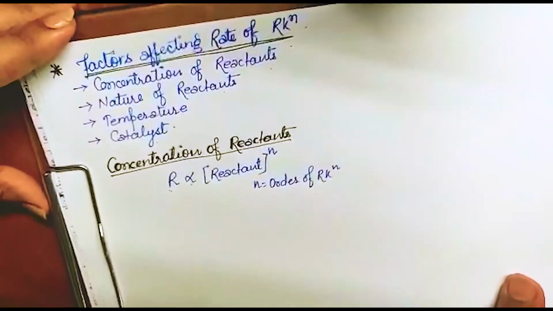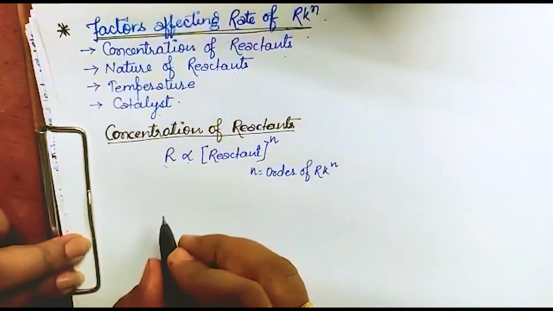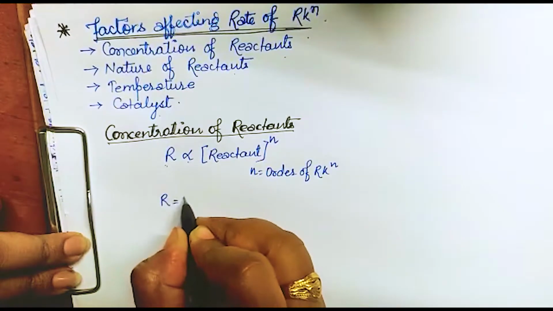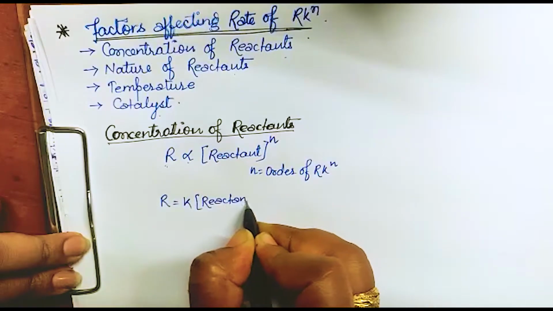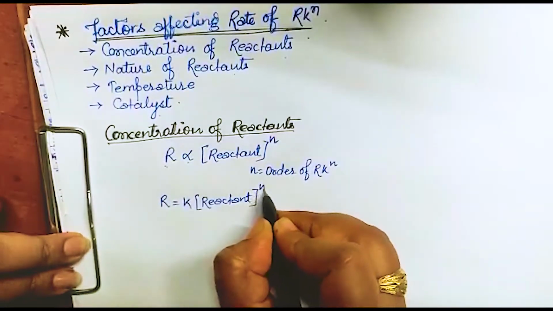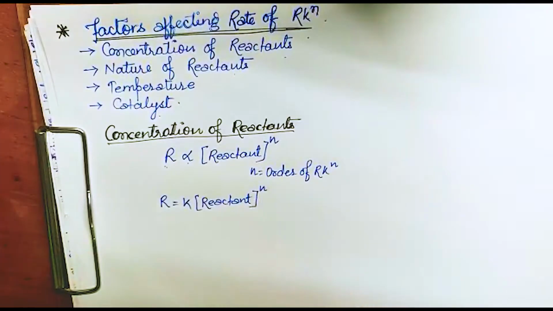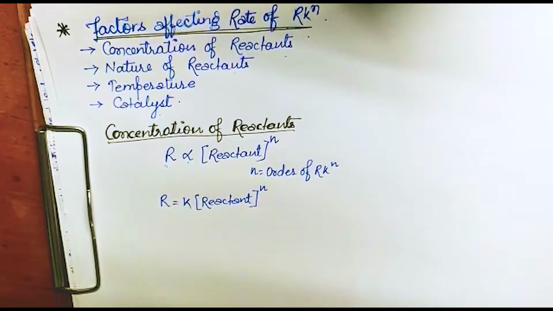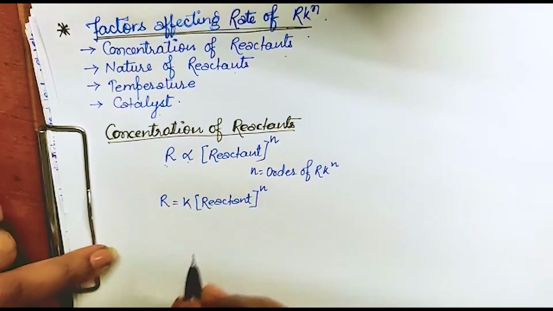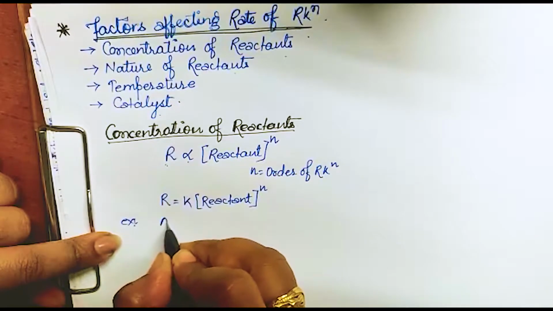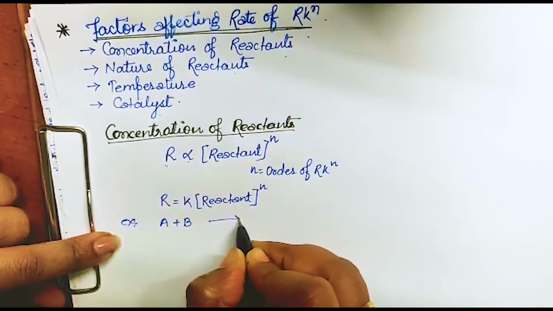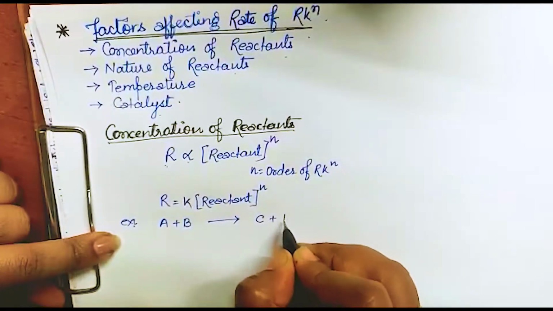If we remove the proportionality sign, what do we do? We put a constant. R = k [reactant]^n, and let me give the power n. This n can be any number, 1, 2, a fraction.